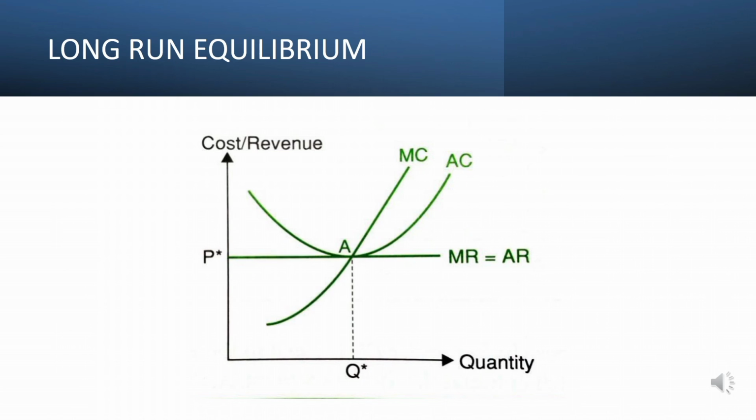Therefore, there will be a tendency for some of the firms in the industry to go out, with the result that price will rise, so that the firms left in the industry make normal profit. We can conclude that the firm can be in long-run equilibrium under perfect competition only when price is at such a level that a horizontal demand curve is tangent to the average cost curve, so that price equals average cost and the firm makes only normal profits.